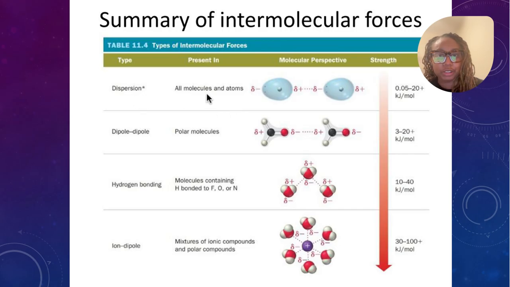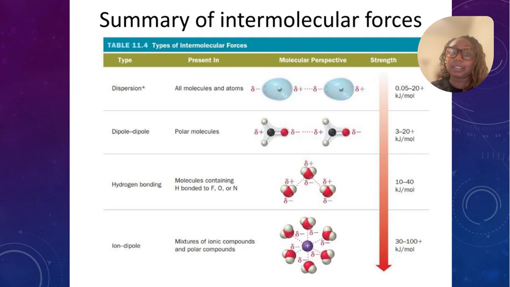All right. So here is a summary of our forces. You've got dispersion. Every single one of them has LDF. Okay. Every single one. There's not a one that doesn't. And this is for covalent. So keep that in mind. You've got dipole-dipole. This only is going to happen between polar molecules, right? Ones that actually have dipoles.